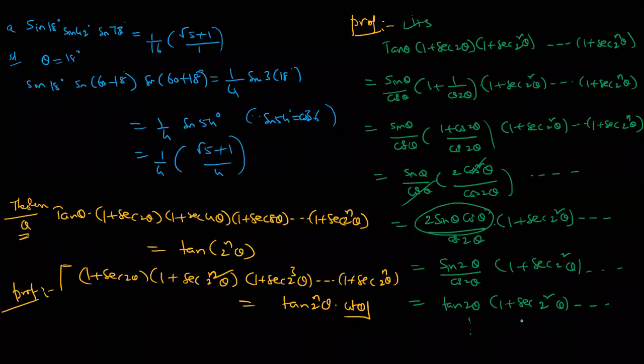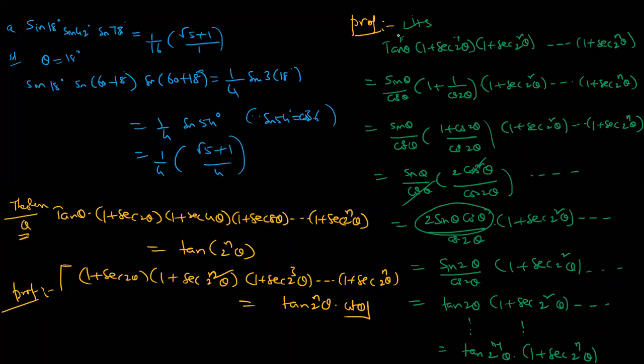So continue this process. If we apply it, you can get the answer: tan 2 power n minus 1 theta into 1 plus secant 2 power n theta form is coming. See, first step, here 2 square is there. Clear, dear students? Here 2 power 1 is there, here 2 power 0, this is 2 power 1.